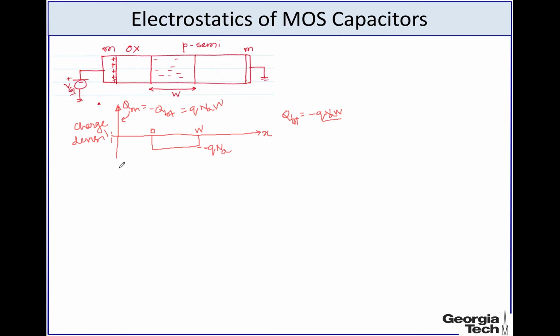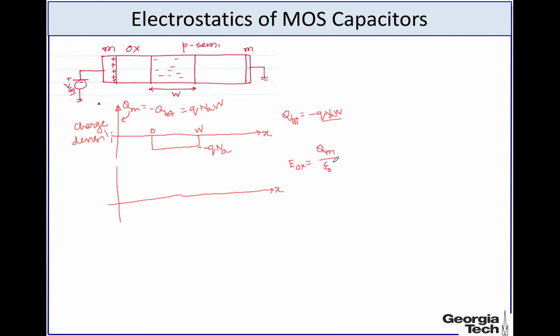Alright, so the next step is to calculate the electric field. Here the y-axis will be electric field and the x-axis is the position. First note that here you have plus Qm amount of charge and here we have minus Qm amount of charge. So the electric field in the oxide, according to Gauss law, will be simply the charge we have divided by the permittivity of the oxide material.